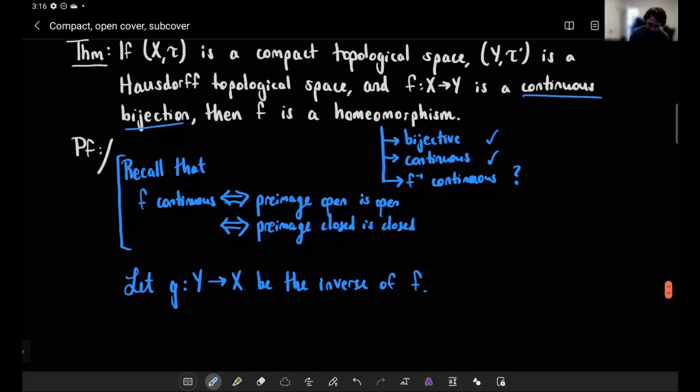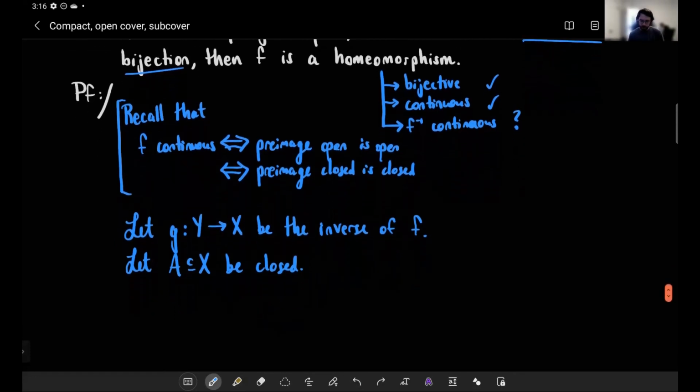And I want to say the preimage of any open set or any closed set is closed. So I'll say let A subset of X be closed. Right, you're thinking backwards. The inverse is going in the reverse direction. So you're taking something from X, and then a preimage under the inverse will give me something in Y. A little backwards. But if you're okay with that little bump, the rest of it's beautiful.